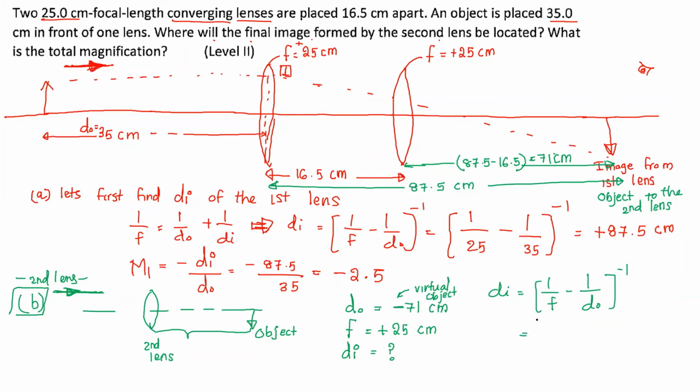I will do it quickly. F is 25 and D naught is negative 71, right? This negative and this negative will become positive. So you basically have to add 1 over 25 to 1 over 71 and take the inverse. When you do that, you get 18.49. That means 18.5 centimeters positive.